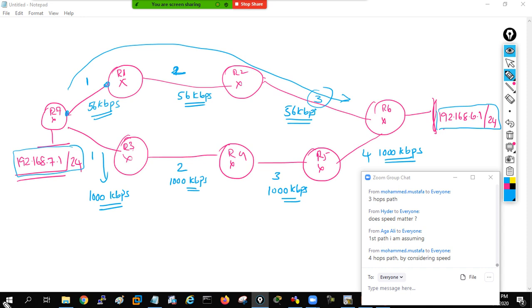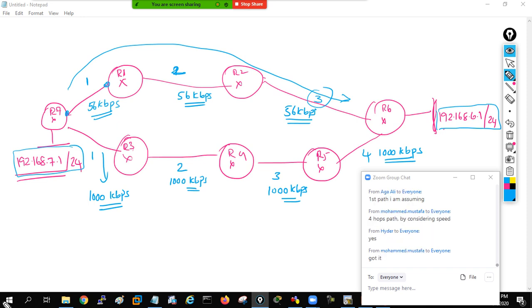So RIP will still tell you your best path is through router 1, router 2 and router 6. Why? Because it has fewer hops. It always considers the metric as the hop count. That's the meaning. Is everybody clear? Because if you choose that path, it will go through 3 hops. If you choose this path, it has 4 hops, right?